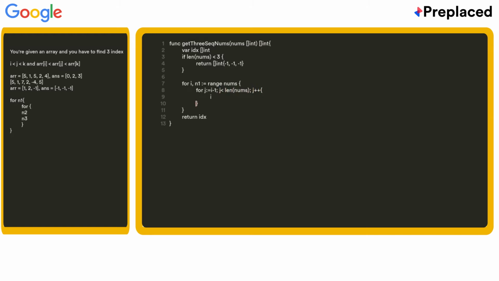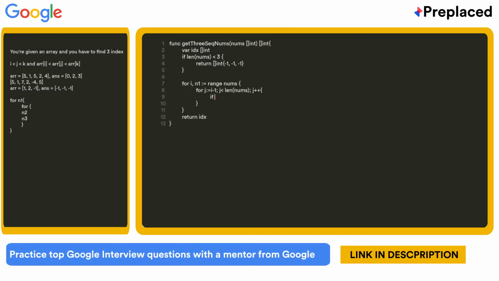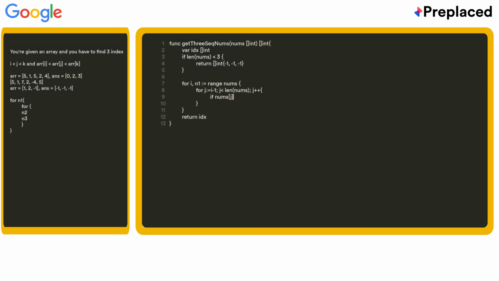So now if this one, if minus of j is greater than 1, and where can there be zero in this list?